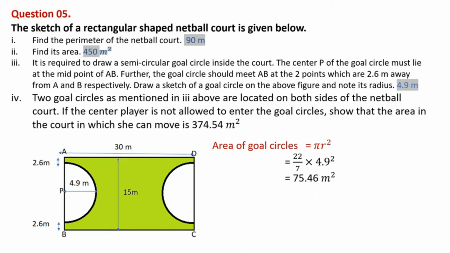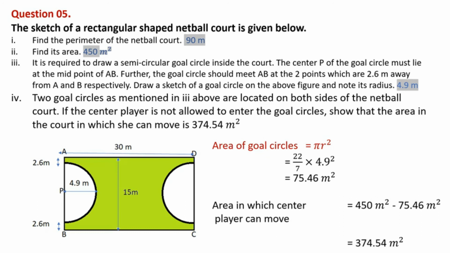This is the area of the 2 goal circles. In the previous part of the question, we found the area of the netball court to be 450 square meters. So if you subtract the area of the 2 goal circles from the total area, you get the answer as 374.54 square meters, and here we showed she can move in this given area.